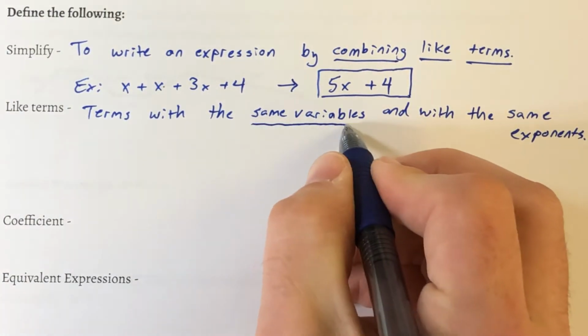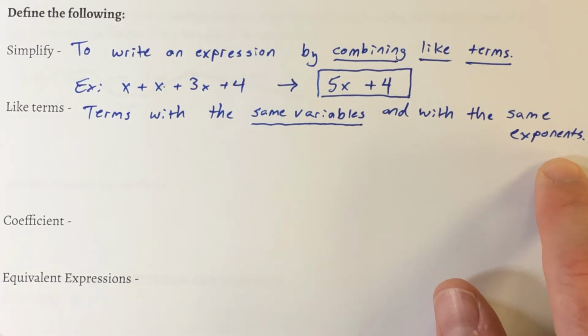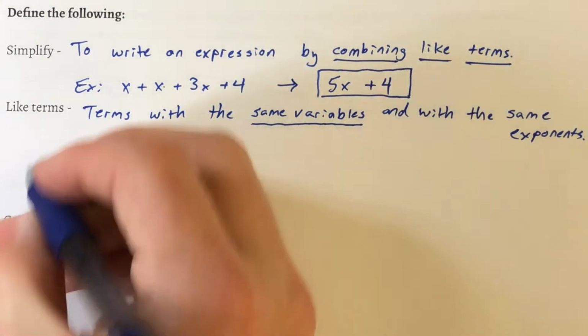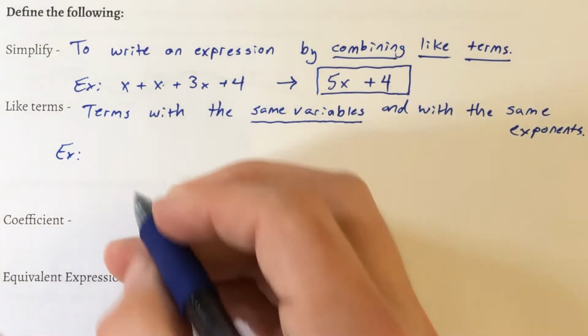We're going to focus on same variables. We won't get into dealing with same exponents until 7th grade and even 8th grade standards. All right, so for now, quick example of showing what like terms is referring to.